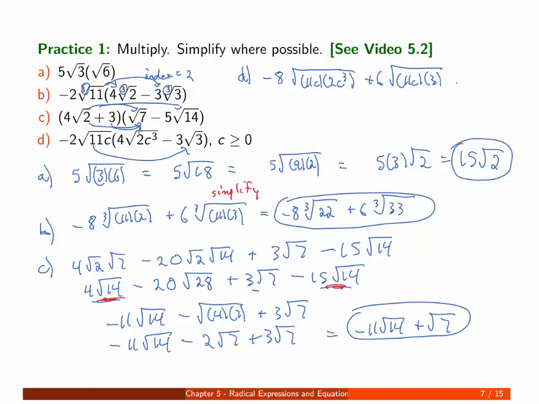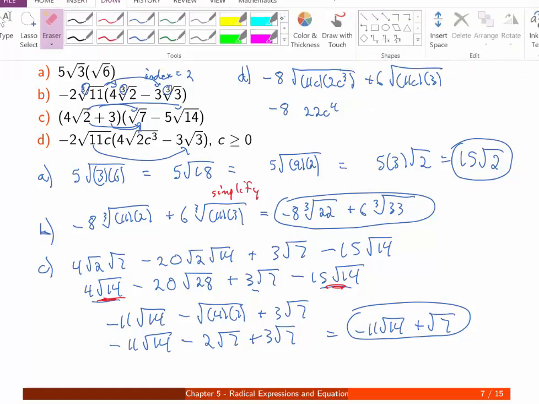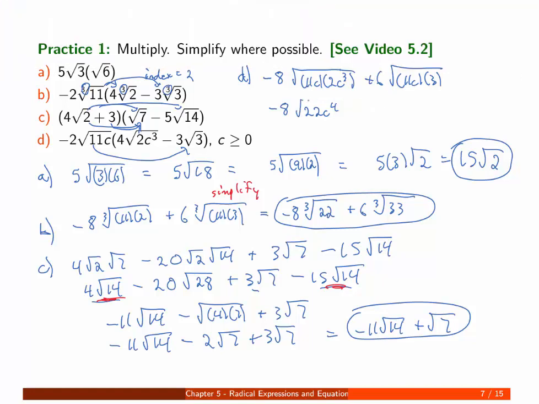Now, we are going to simplify. So, 11 times 2 is 22. This is c to the 4. The next, plus 6 times 11c times 3, that's 33, 33c.